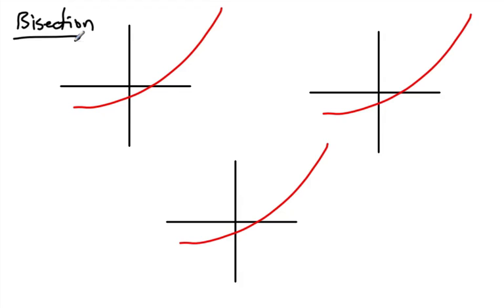We have a solution, this point here, and we want to work out what it is. We've got a function, y equals f of x, and it is wildly complicated and we can't solve it algebraically.